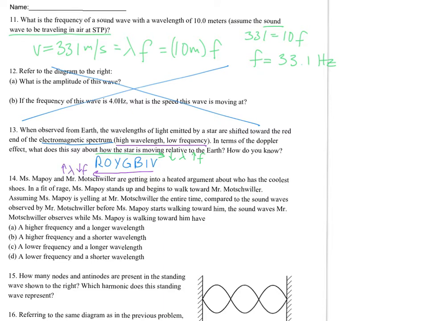So what is it saying about the light from the star? It means that we're going towards the red end. That means we're going to see higher wavelength and lower frequency. In relation to the Doppler effect, this means that the star is moving away from the Earth.